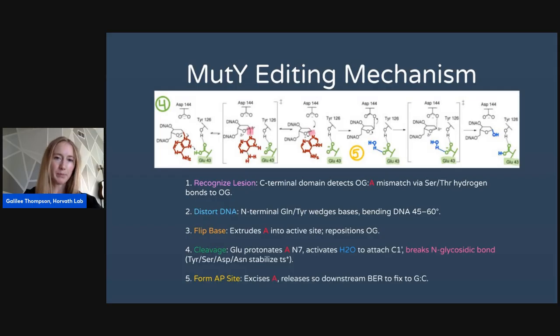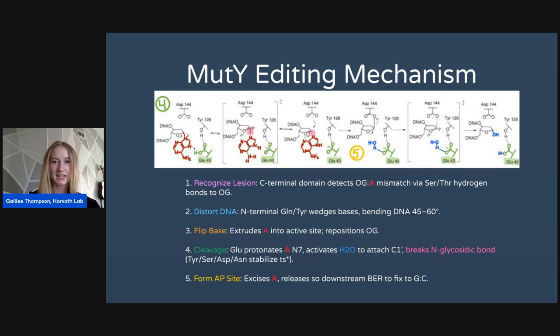There's a lot on this page, but as I said before, the main thing I would want us to focus on is the very fact that MutY recognizes when an oxidized guanine and adenine lesion takes place. It doesn't remove the damaged DNA base. It's not removing the oxidized guanine. It removes the mispaired adenine.